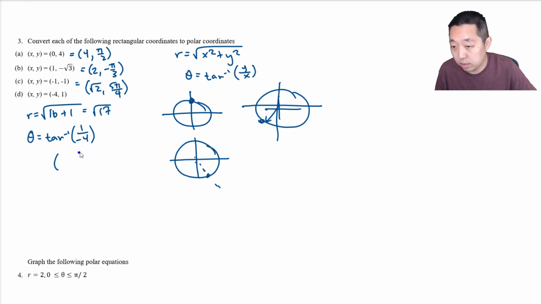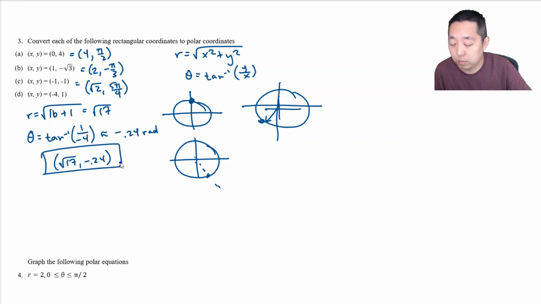That's about equal to negative 0.24 radians. So it's root 17 and negative 0.24. I don't know if there's a pi equivalent to that.